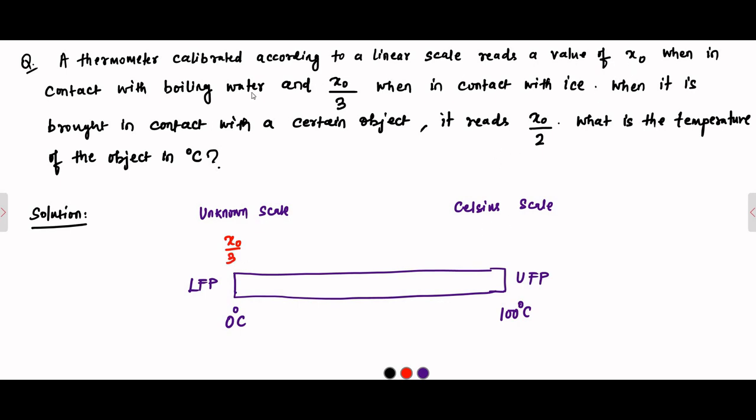And when it is brought in contact with boiling water, it gives a reading of x0. So its upper fixed point is x0. Now, when it is brought in contact with an unknown object, it reads x0 by 2. So we have to determine what is the temperature at this point in Celsius. That is our objective.